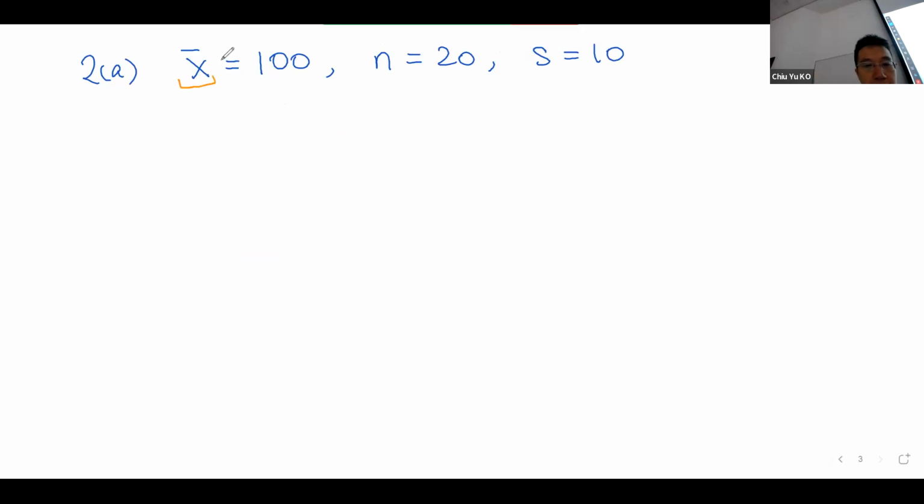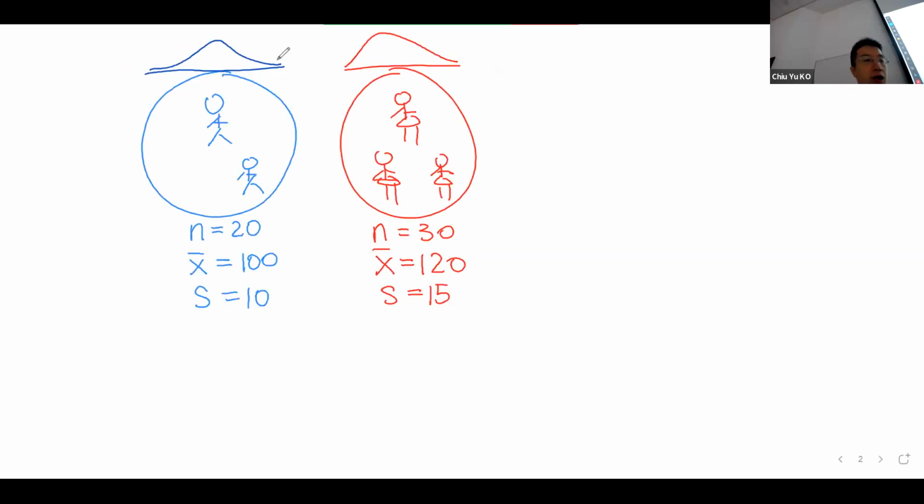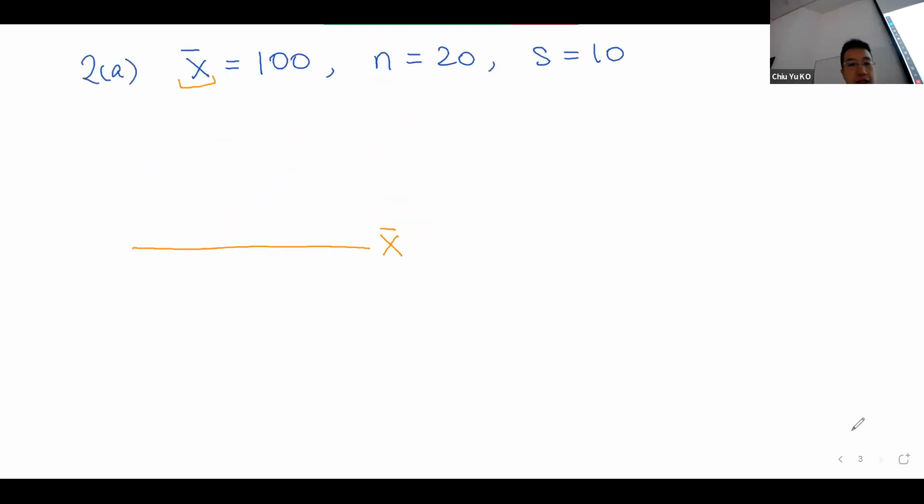It's important to recall what we know about X bar. Remember, X itself follows the normal, so X bar is also a normal, a bell curve. The bell curve will be centered somewhere at the mean, which we want to know but don't know.